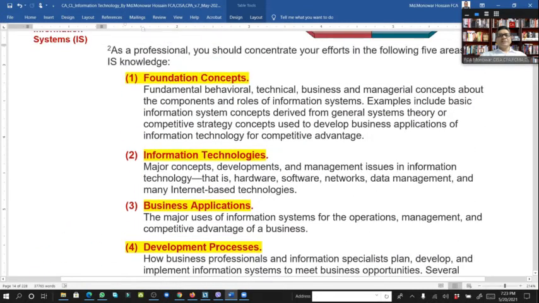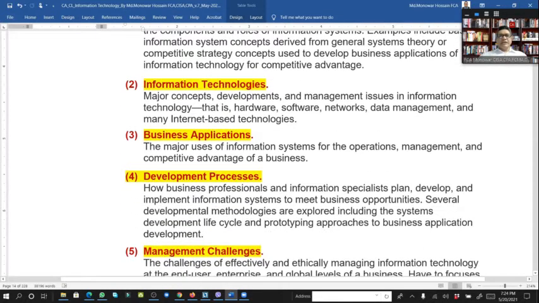If we see fundamental concept, that means technical, behavioral, business, managerial concepts about the component and role of information system. And information technology: hardware, software, network, data management, etc., within the information technologies domain.